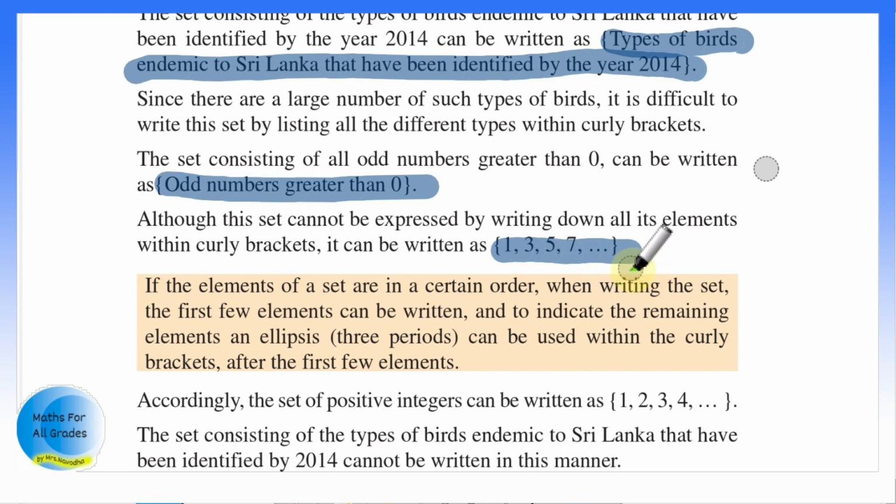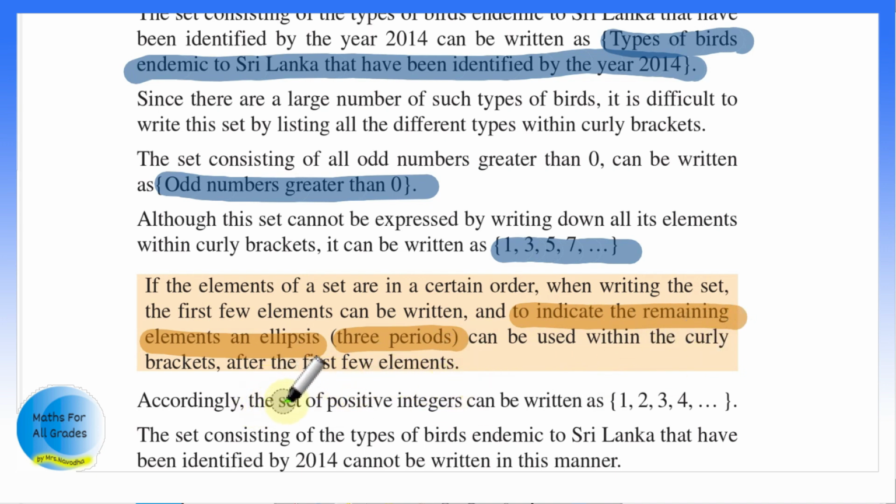The odd numbers greater than 0 go on forever. So that's why we used 3 dots here to indicate the remaining elements, an ellipsis. That means 3 periods can be used within curly brackets after the few elements.